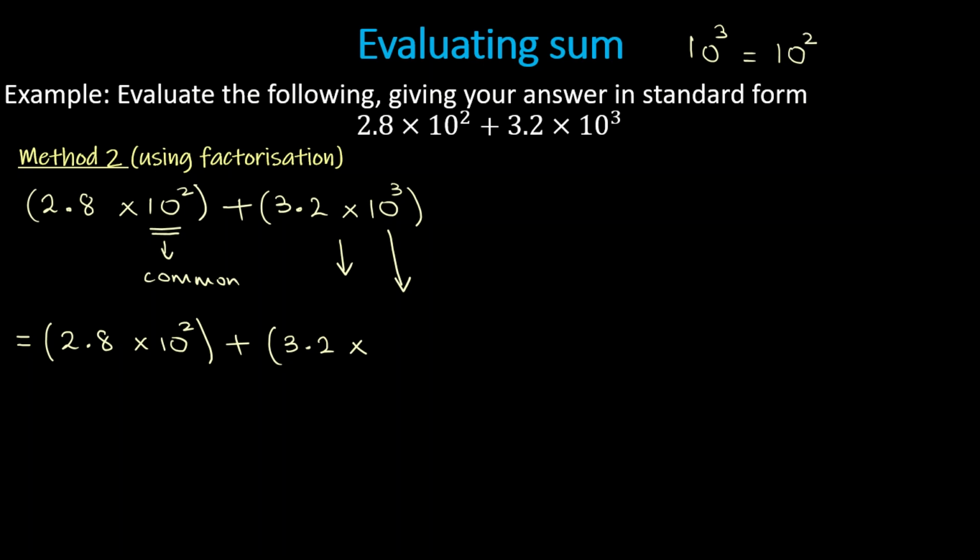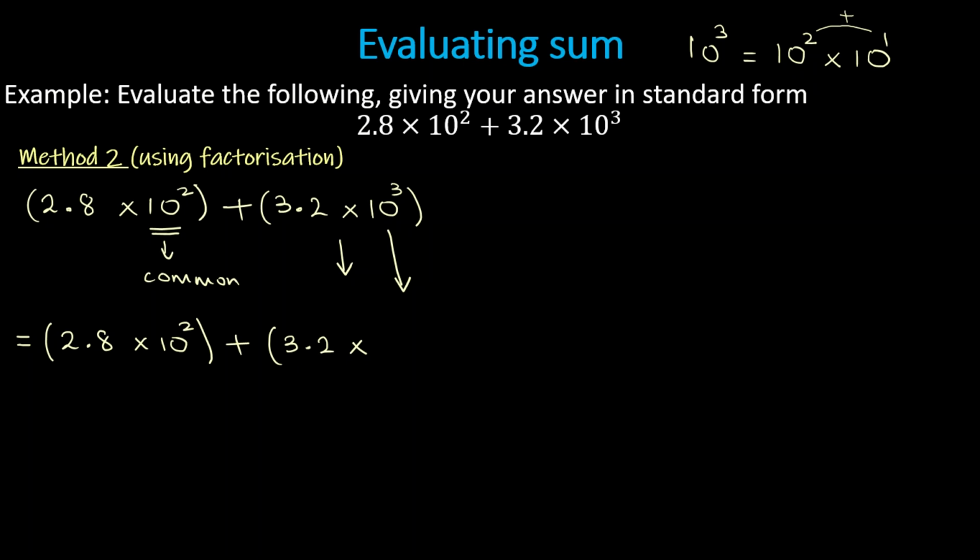It is simply 10 to the power of 2 times 10 to the power of 1. Because if you apply multiplication law of indices, you have to take 2 plus 1, which gives 3.